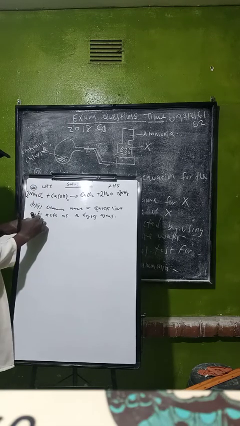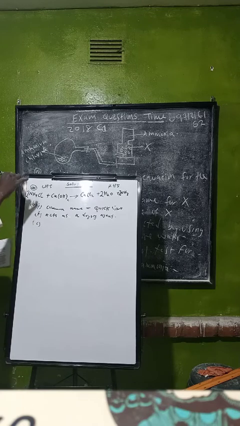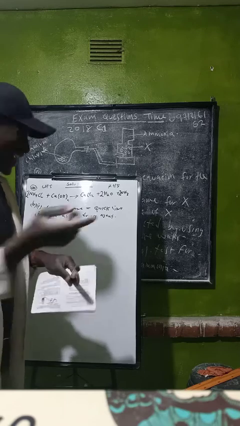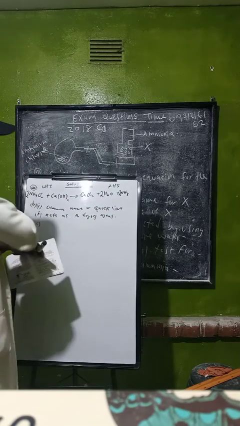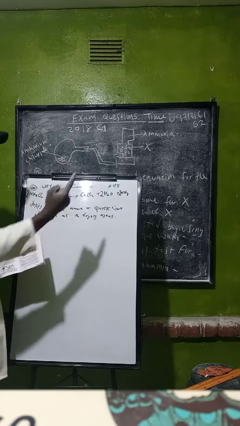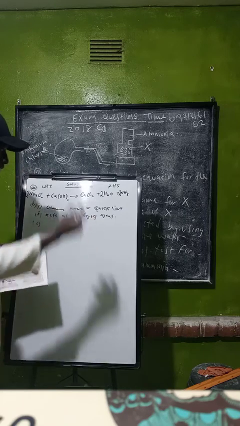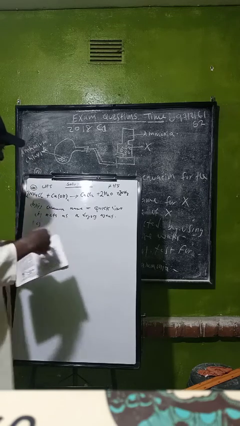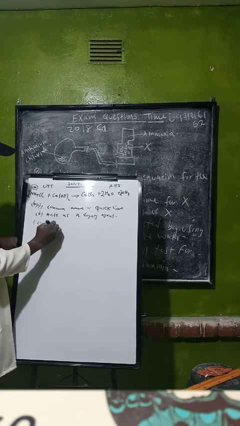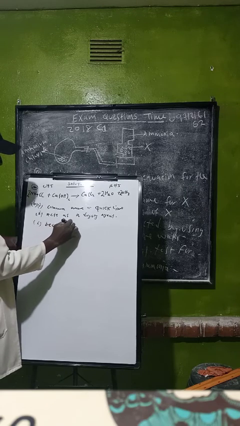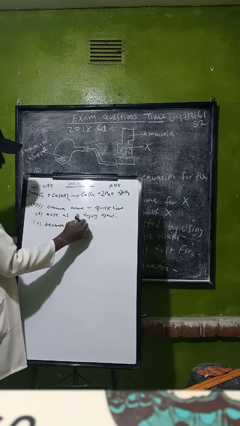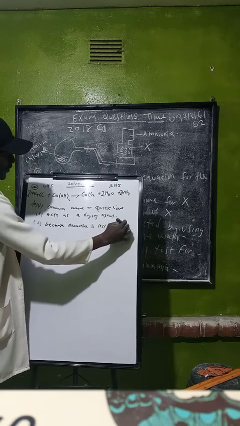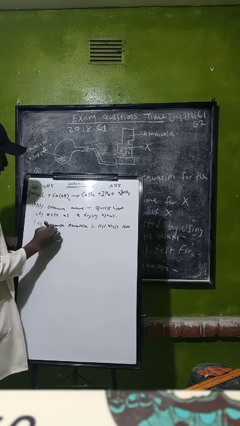Question C, they are asking, why is ammonia collected by using this method and not above the water? Again, this is a walkover from the previous video. We said ammonia, number 1, is less dense than air.